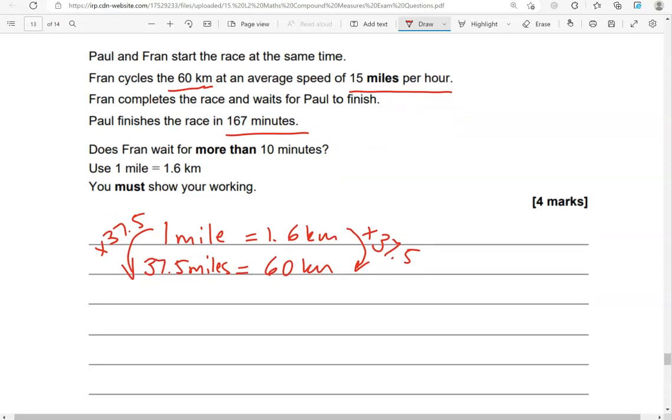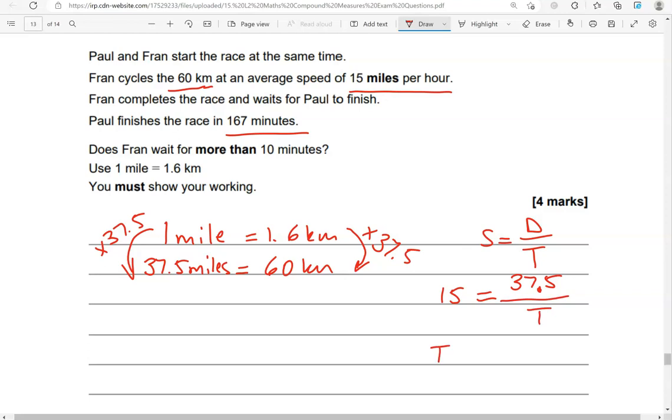So let's see how quickly Fran finishes. We've got the formula. Speed is equal to distance over time. We know the speed is 15 miles per hour. The distance in miles is 37.5. We don't know the time.